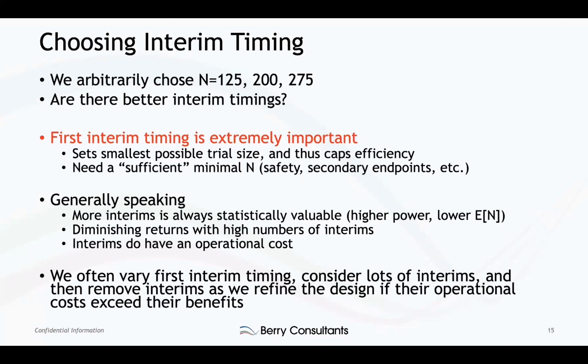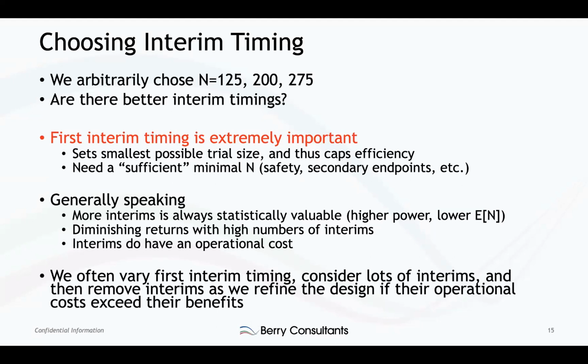Now, in practice, when I said it's more valuable, there are diminishing returns. So if I'm talking about a 2 interim trial and I go from 2 to 3 interims, I get a certain amount of benefit. If I'm at 10 interims and I go to 11, the added benefit is often really tiny.